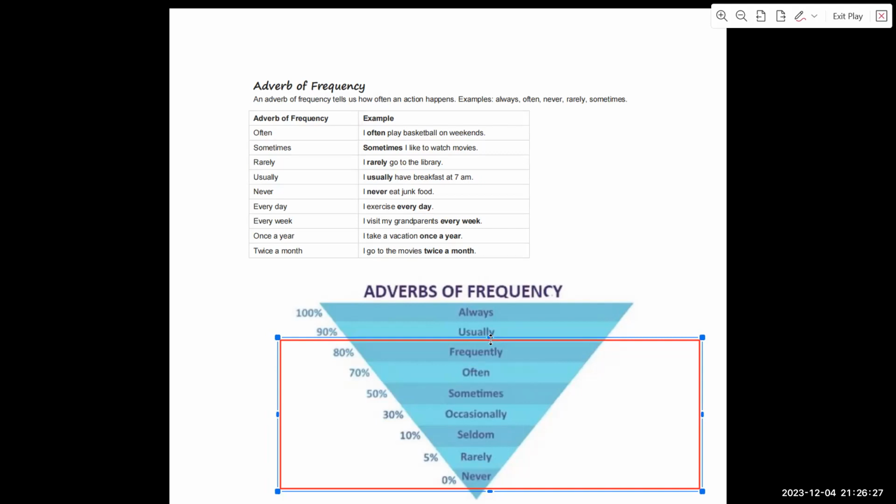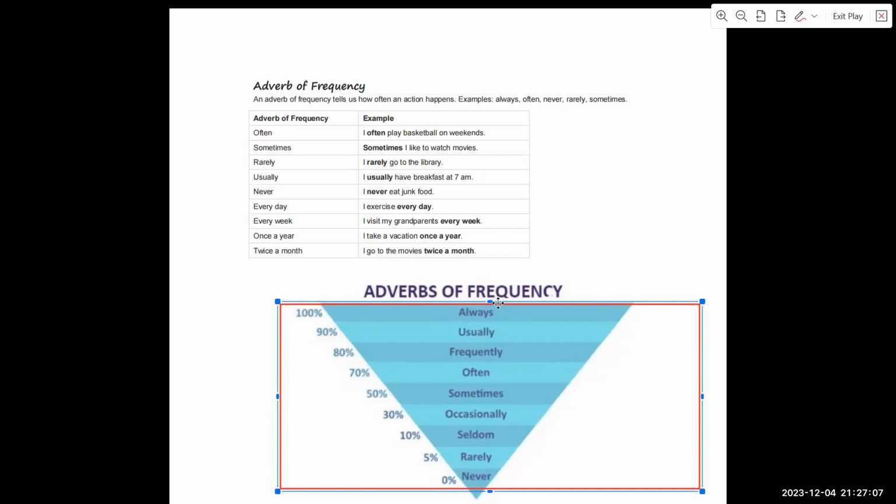And if you're doing it not always, but very close to always, what will you use? The next one? Usually, that's right. So this is the level. And the last one, if you're really doing it every day, always. So which of these adverbs of frequency are you not using usually, during the lesson or when you're making sentences?